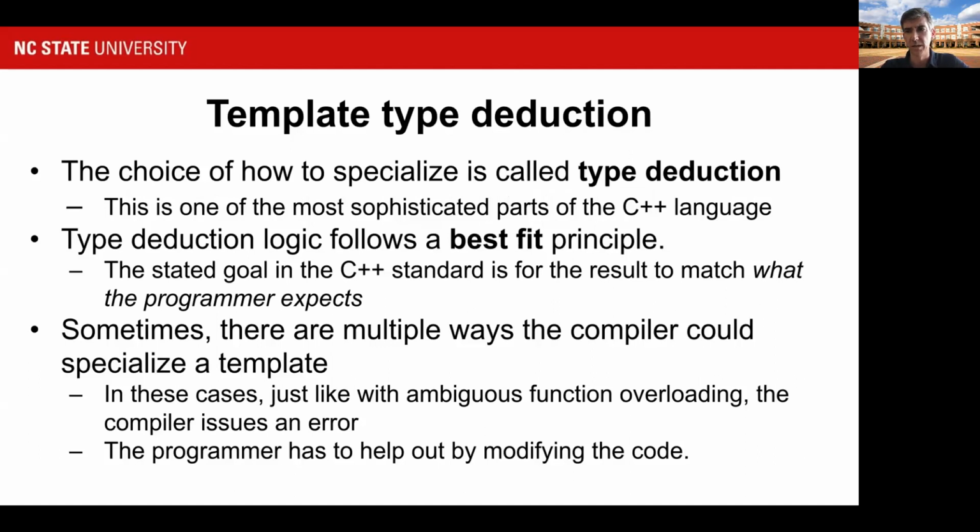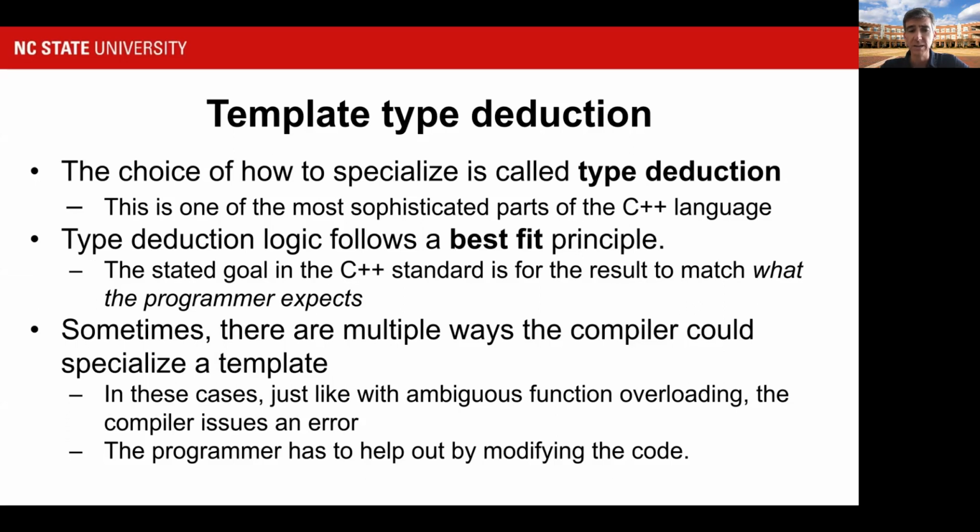Type deduction logic in C++ follows a best fit principle. You've heard me use this term before when talking about function overloading, where when it's considering a bunch of functions that have the same name, it tries to make the best guess about what the programmer wanted and pick the function that seems to fit the best, right? That has the fewest number of type conversions.